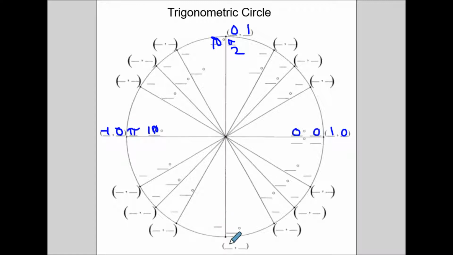And the last one at the bottom, which is 270 degrees. If you think about pi over 2 up here, 2 pi over 2, and this would be here, 3 pi over 2. And the coordinate would be (0, -1).